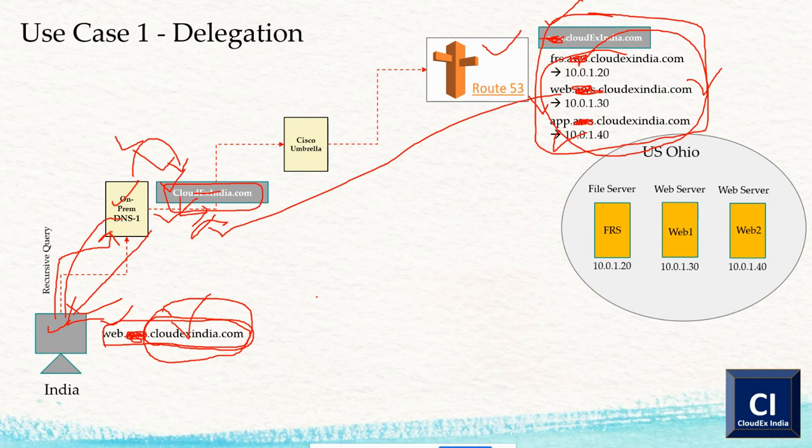Okay, but this is not the recommended way or ideal scenario. It creates administrative overhead. You have to create the record in on premises as well as on Route 53. So we'll not follow this structure.